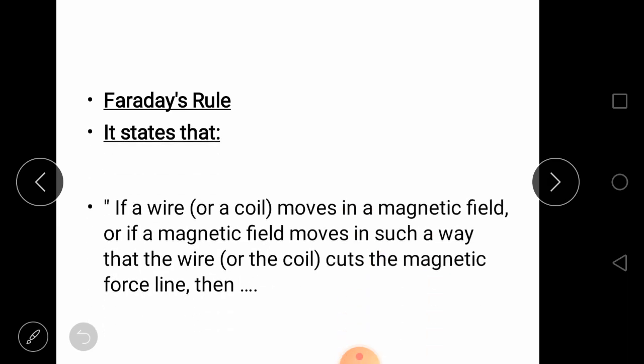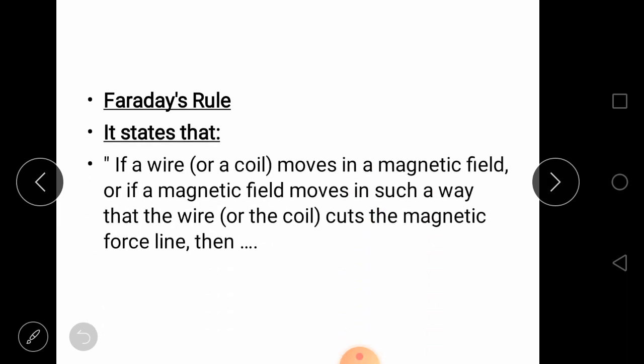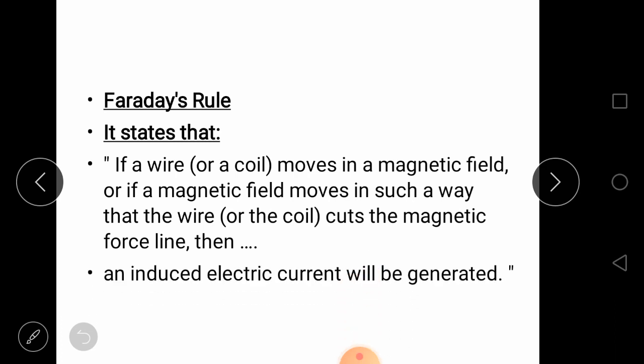Faraday's law states that if a wire or a coil moves in a magnetic field, or if a magnetic field moves in such a way that the wire or the coil cuts the magnetic force lines, then an induced electric current will be generated. This is the statement of the law.